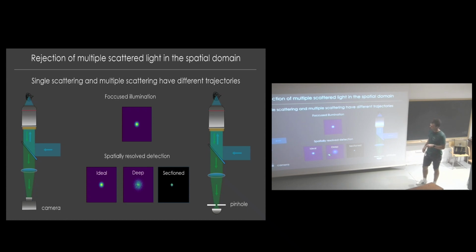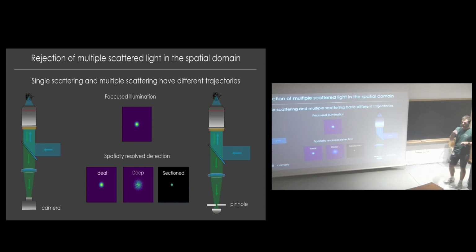But actually, when you go deeper and deeper, you are collecting a broader response. You have scattering, you have aberrations. And so the idea is that you know what you expect to have. So basically, you put a spatial filter and you select only the central part of what you are supposed to measure.